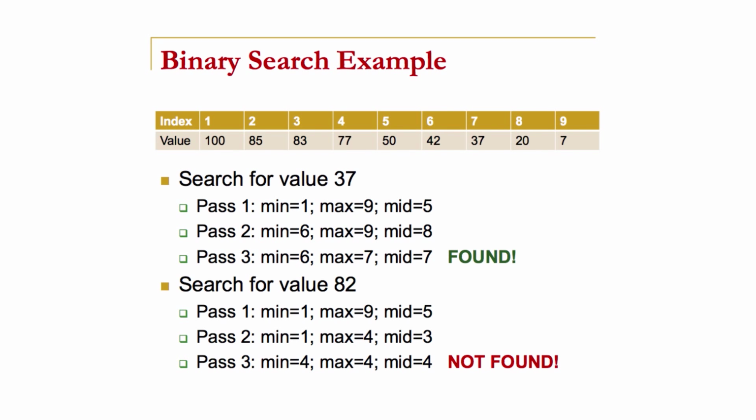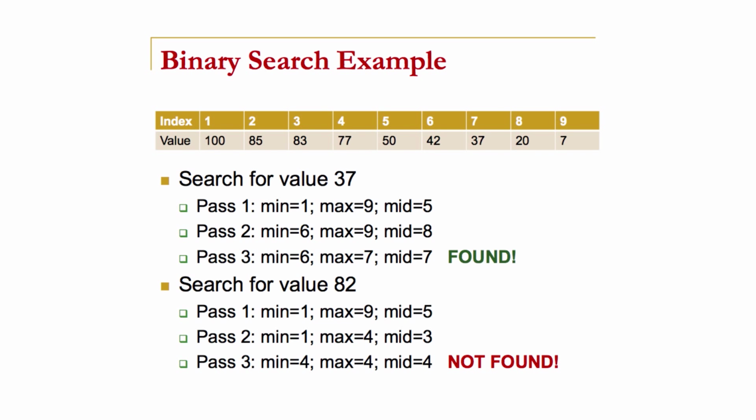The middle of the list would be index location 5. I look at the value inside of 5, and I notice that it's 50. I know that I'm looking for 37, and I also know that this list is sorted. So there's no logical way that the number 37 could appear on the left-hand side of the list from 1 to 5, because 37 is less than that, and I know it's sorted from highest to lowest.